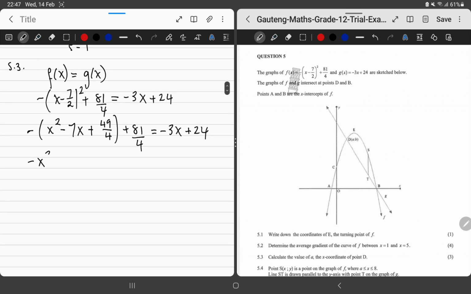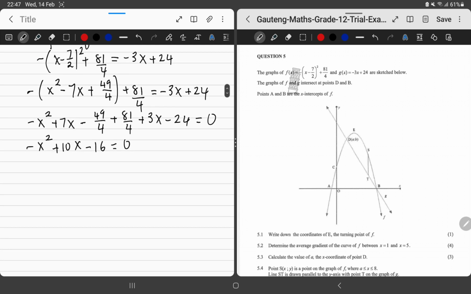This is minus x squared plus 7x minus 49/4 plus 81/4 plus 3x minus 24 equals 0. This is minus x squared plus 10x, minus 49/4 plus 81/4 minus 24, getting a minus 16, equals 0.